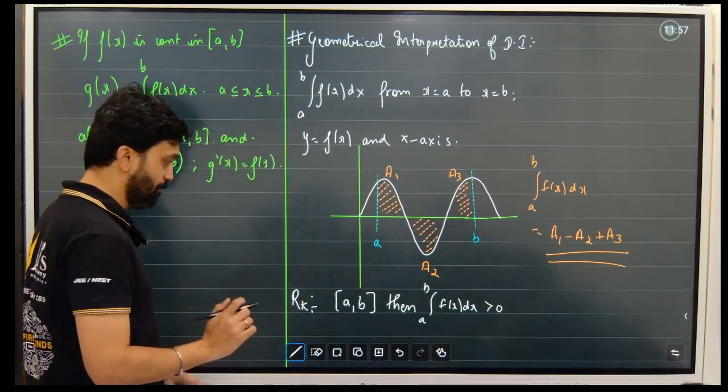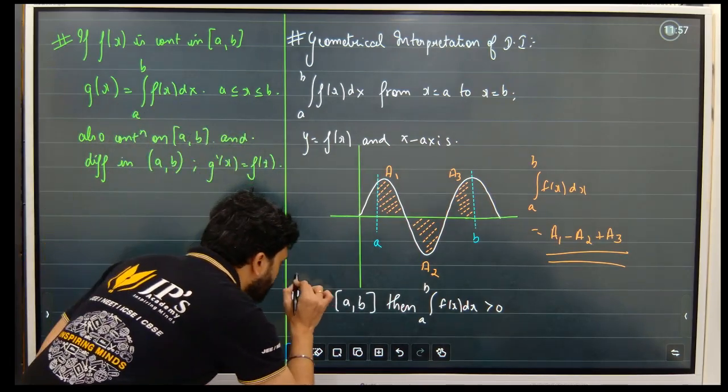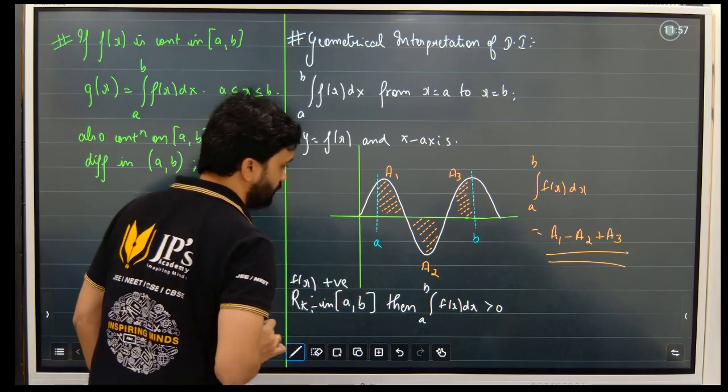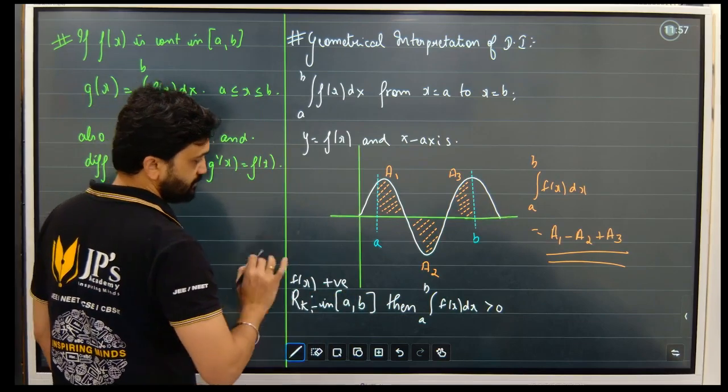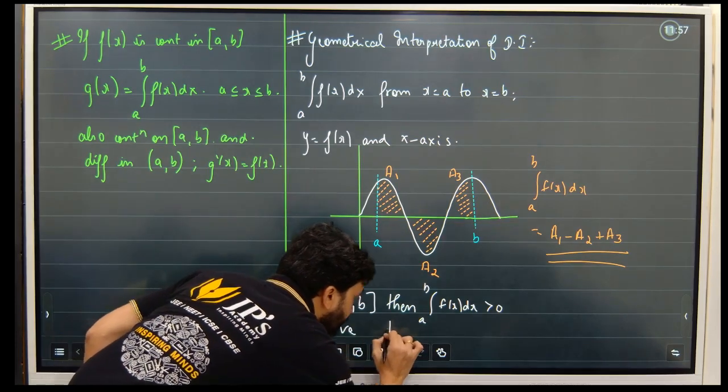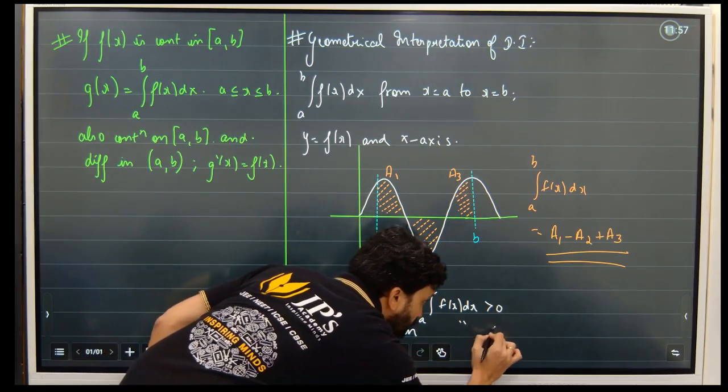Okay, so remember this. If f of x is positive in closed interval a comma b, then integration a to b f of x dx is positive. And if it is negative, then this will also be negative.